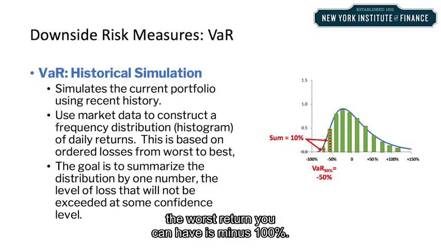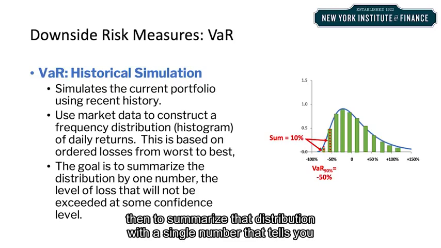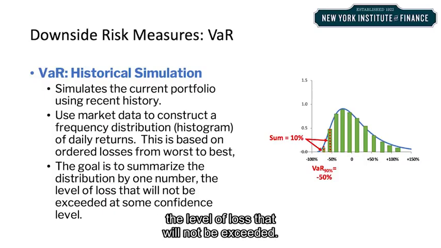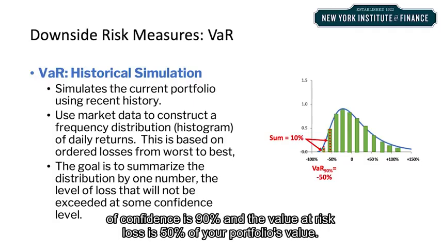The worst return you can have is minus 100%, so the histogram of returns has a log normal distribution. And then to summarize that distribution with a single number that tells you the level of loss that will not be exceeded at a level of confidence that you have chosen. In the example shown, that level of confidence is 90%, and the value at risk loss is 50% of your portfolio's value.